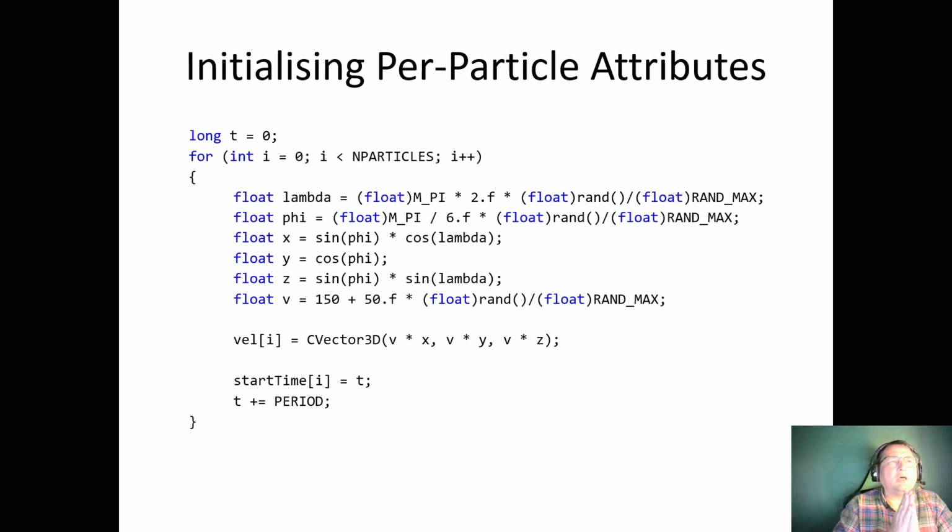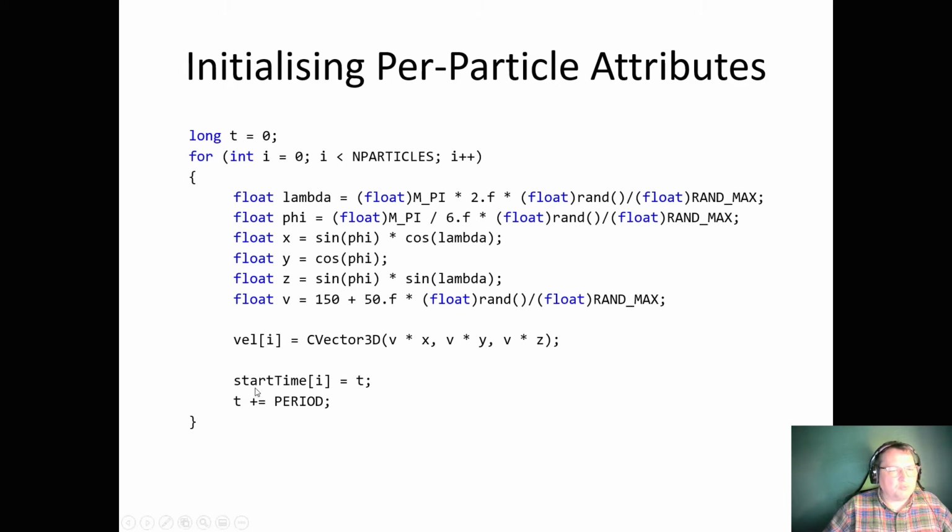So this means that there will be no big differences in the speed, but some small differences, basically a random range from 150 to 200. These are our speed. And the final vector, three-dimensional vector of the velocity for the particle number i is Vx, Vy, Vz. This is how we can easily combine the speed with x, y, z coordinate.